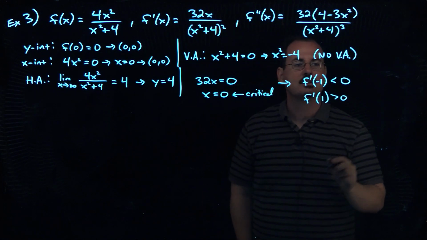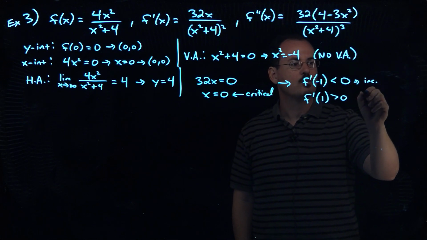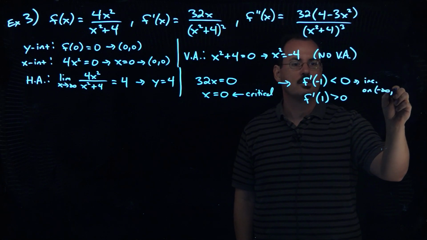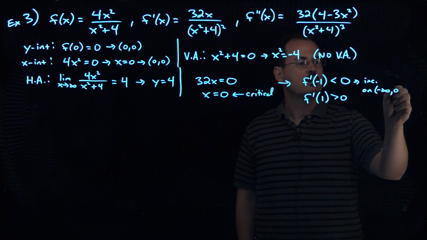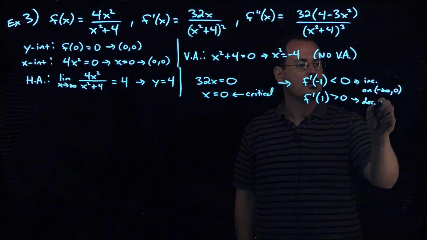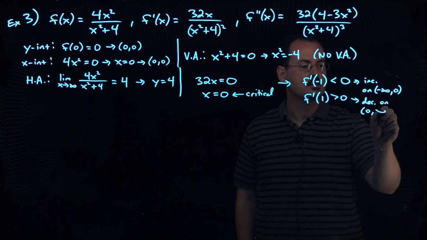So what does this tell us? The function is increasing on what interval? From minus infinity up to the only critical number, which was 0, and then it's decreasing on 0 to infinity.